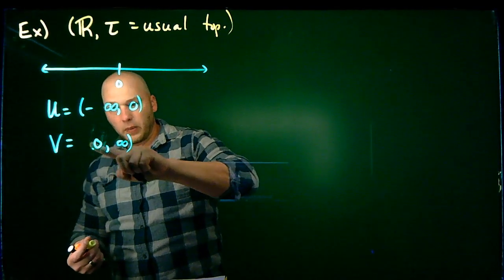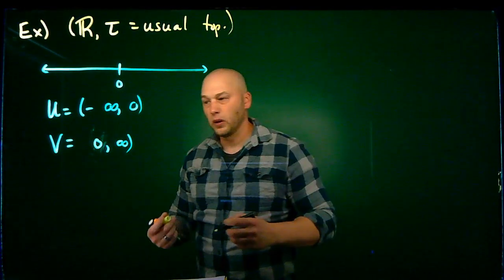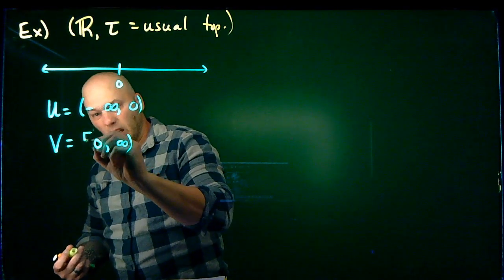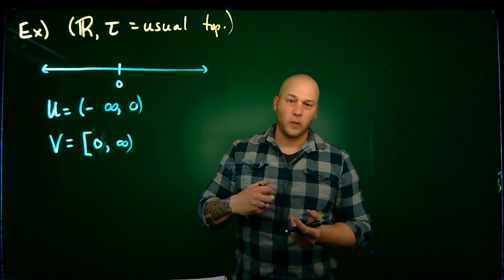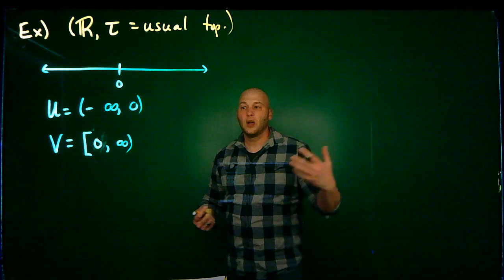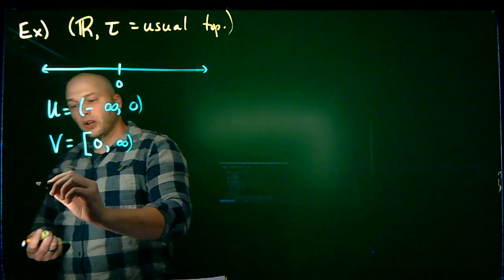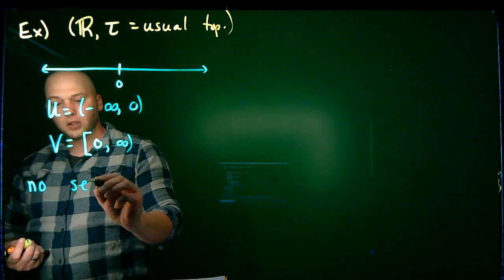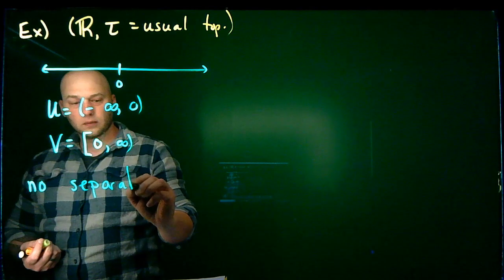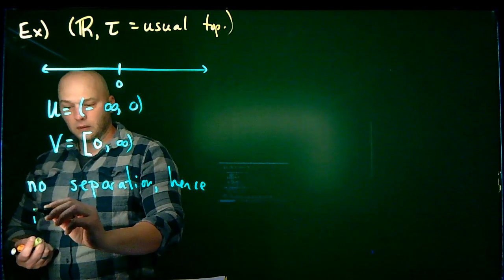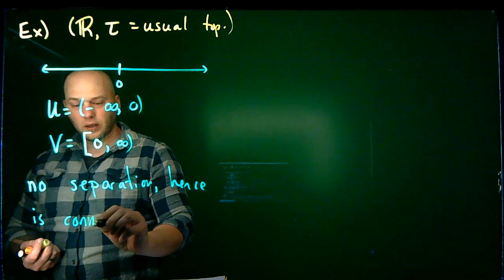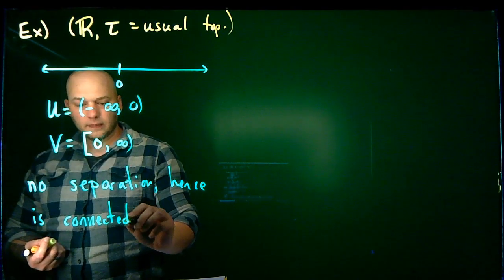And then if I want to take the union so I get the entire real line, I would say maybe include 0. But then once I do that, that's a closed set. But remember, we need disjoint open sets. So there's no separation, hence the space is connected.